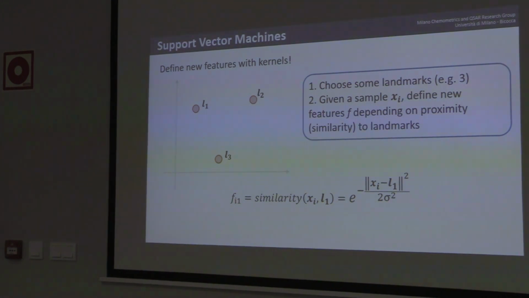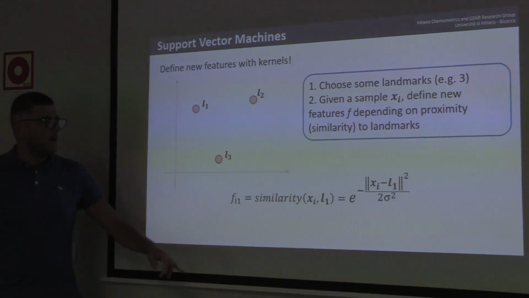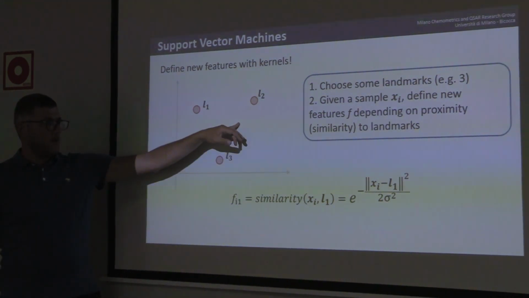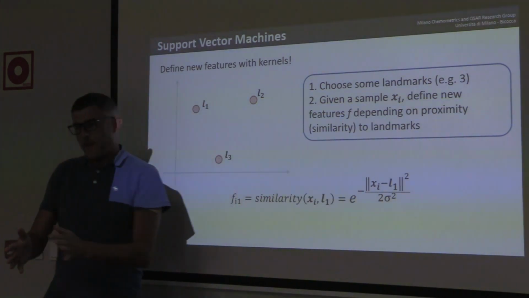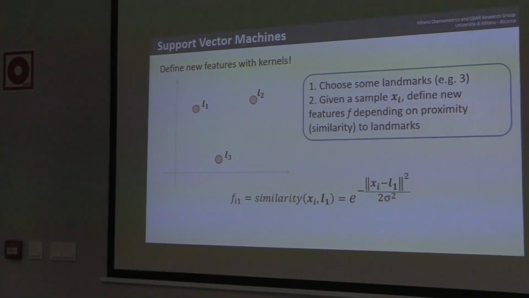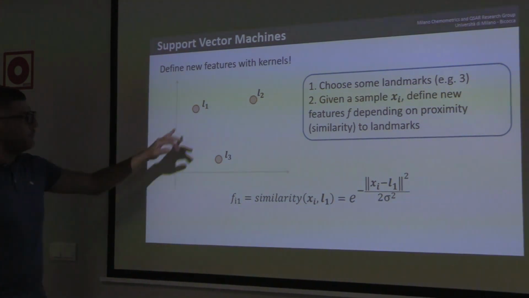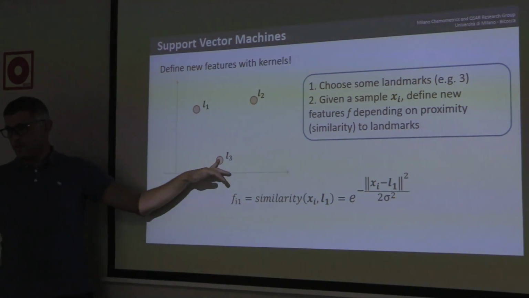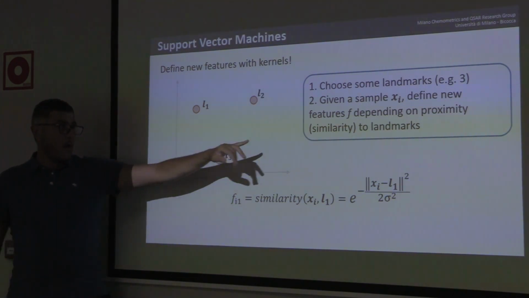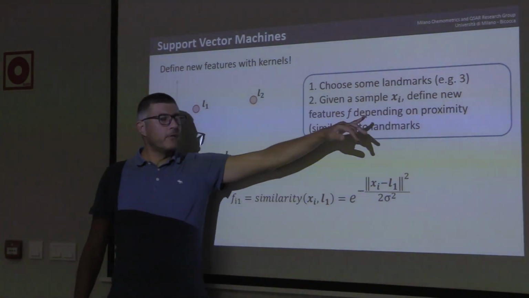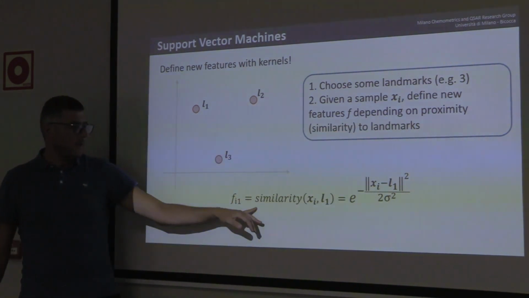And we define a new feature depending on the proximity, so the distance, the similarity of the sample with respect to each landmark. And we define this proximity or similarity in this way.